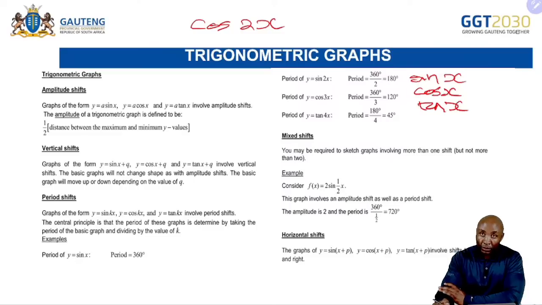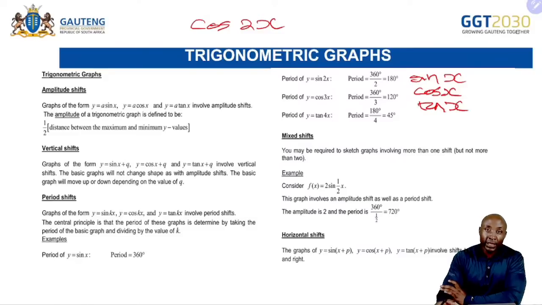It will help you to determine your period faster as well. We must know how to sketch graphs without using a calculator, because that is what is killing our trigonometry. People no longer want to use the basic understanding of our original graphs, so that you are able to see these shifts by looking at the two graphs.